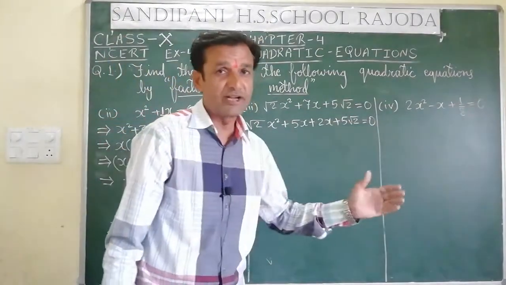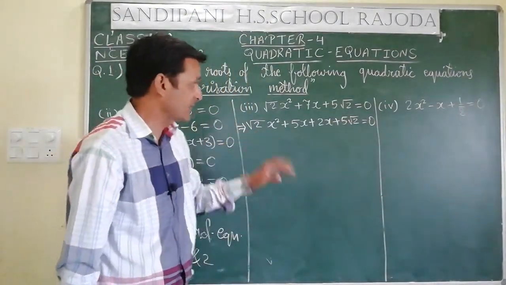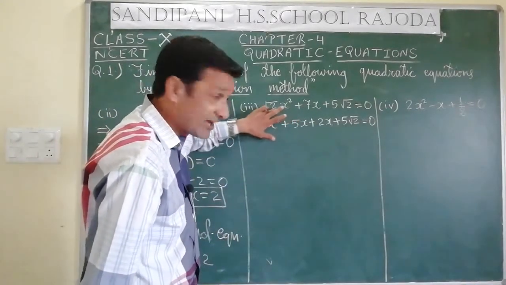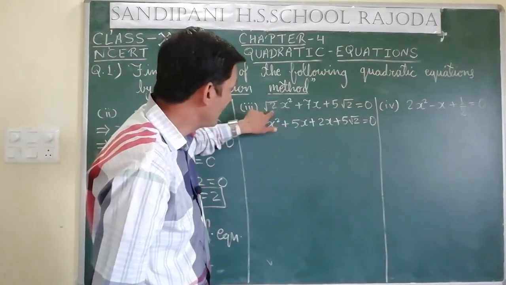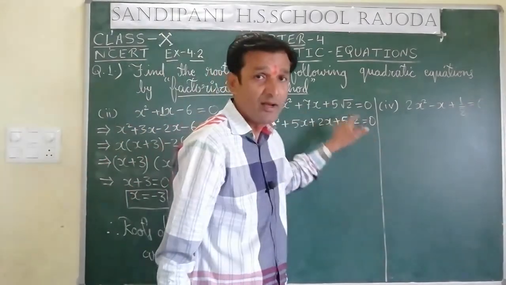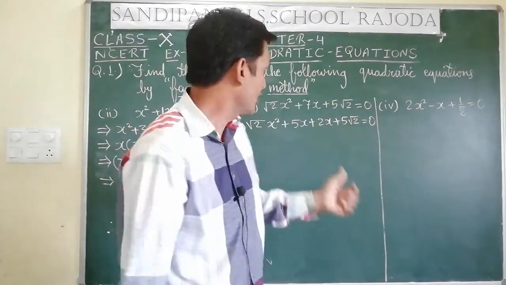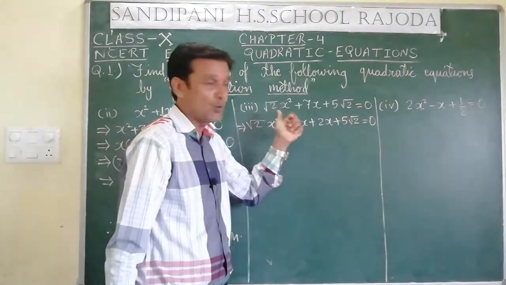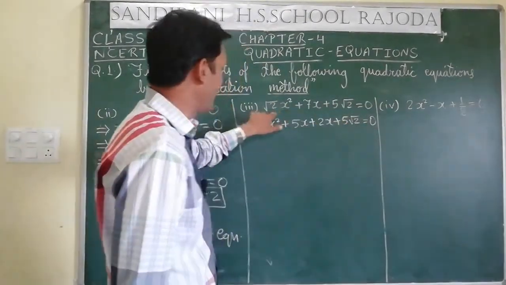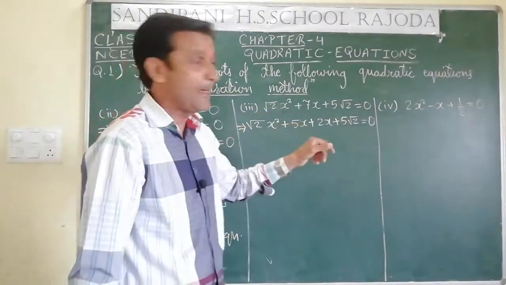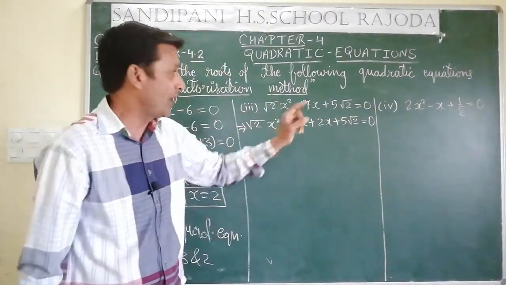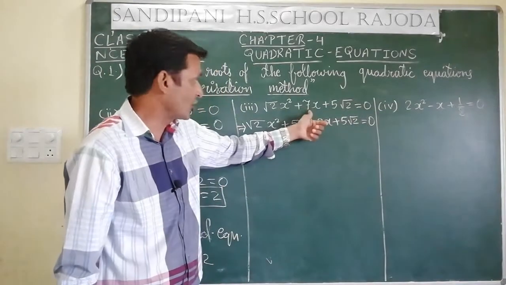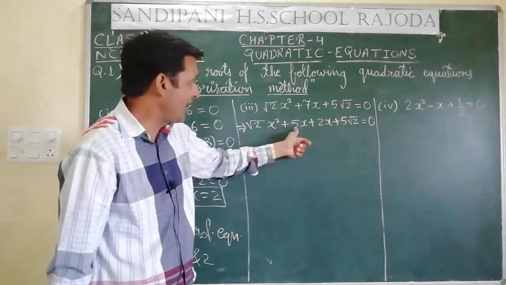I think it is clear to you, but again I am explaining it. You will have to multiply the coefficient of x square with the constant quantity. The constant quantity is 5 root 2, the coefficient of x square is root 2. So root 2 into root 2 is 2, and 2 5s are 10. If we add 5x and 2x, automatically it is 7x, and 5 into 2 is 10.